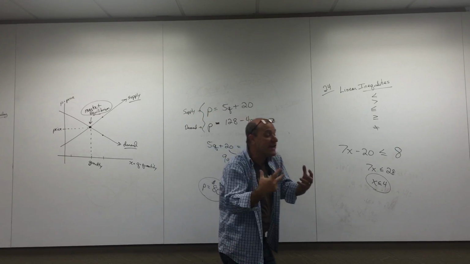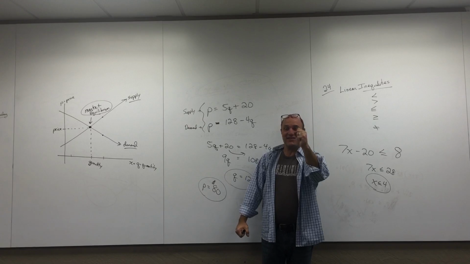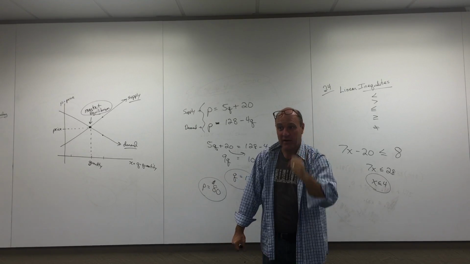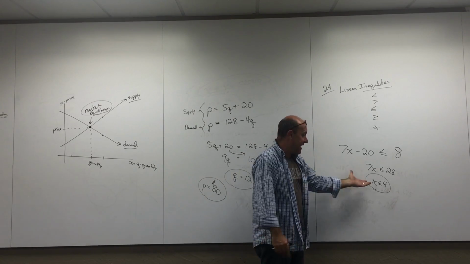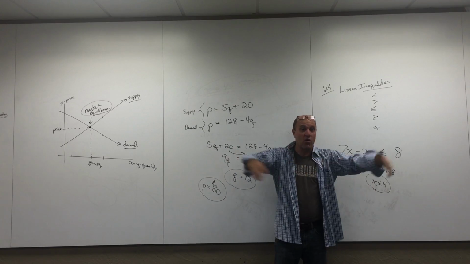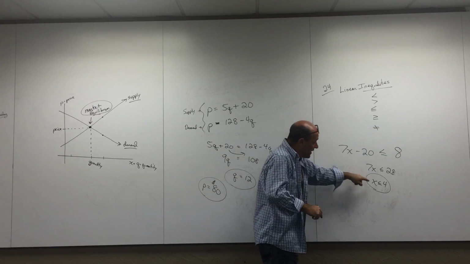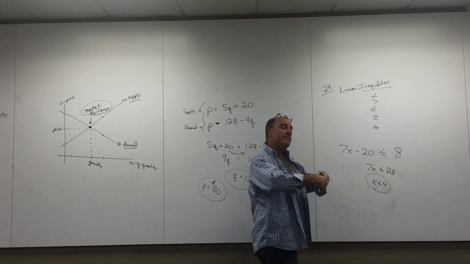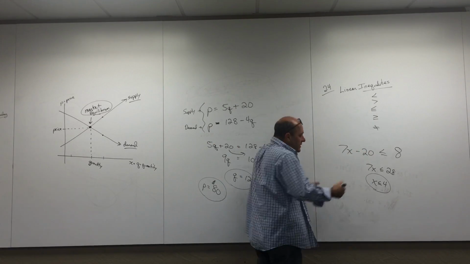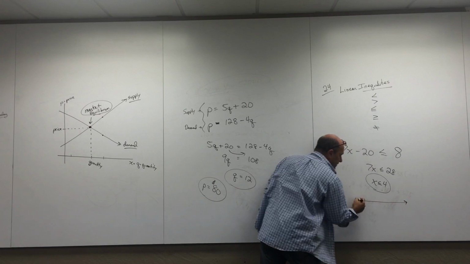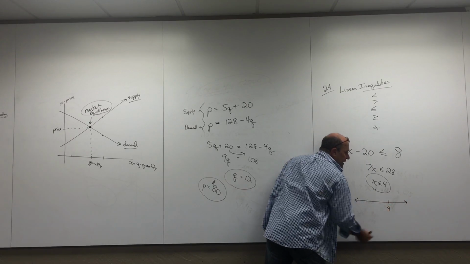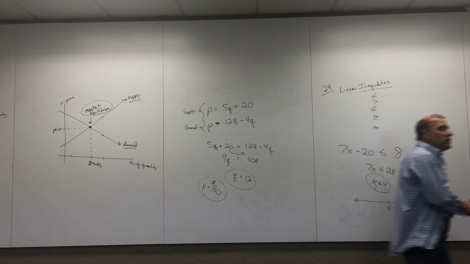When you solve equations, you tend to get one answer, x is 4. Now I got more than one answer. I got x is less than or equal to 4. It's a whole bunch of answers. There's the answer, but we like to display it on a number line. So we draw a little number line, we put 4 here, and it's everything less than or equal to 4.